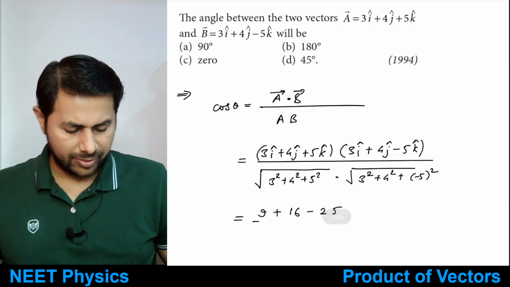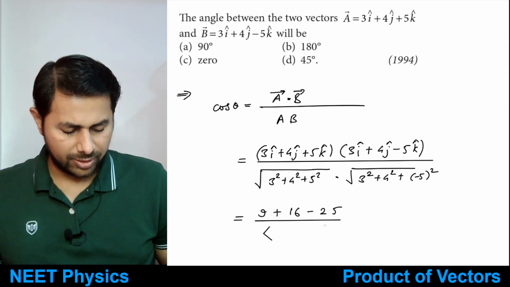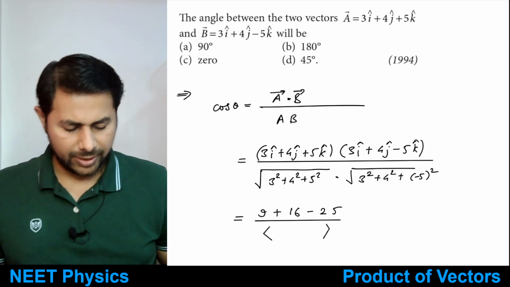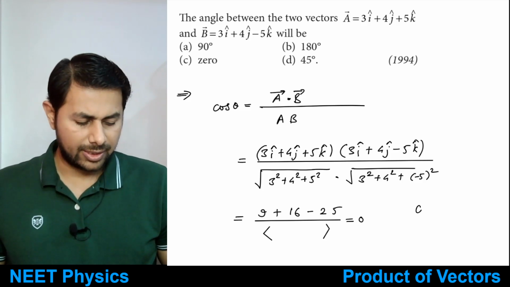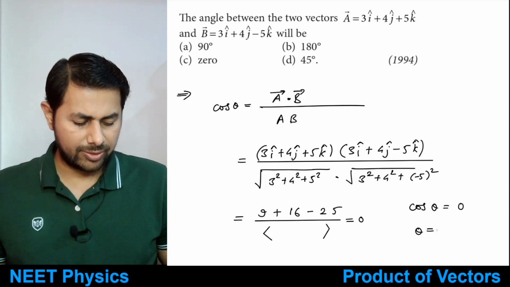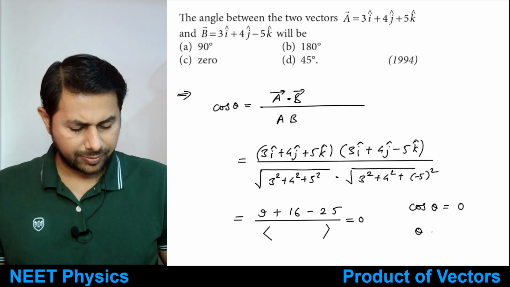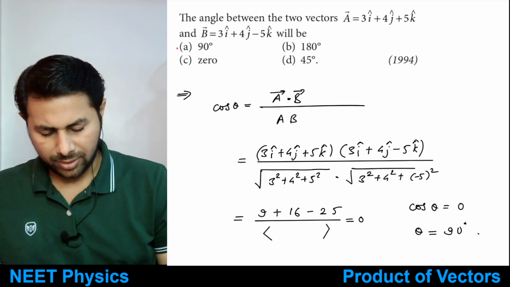Then it doesn't matter what the denominator is, right? So the denominator is something, and this is equal to 0. If cos theta is 0, it means theta is equal to 90 degrees, right? So the answer is option A.